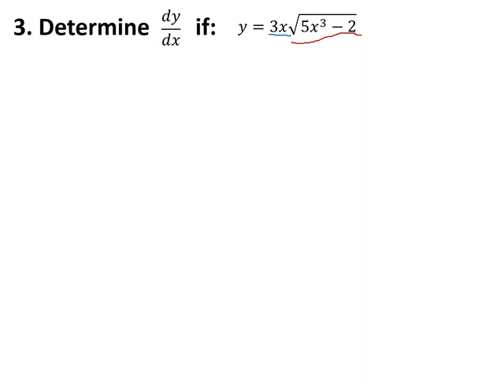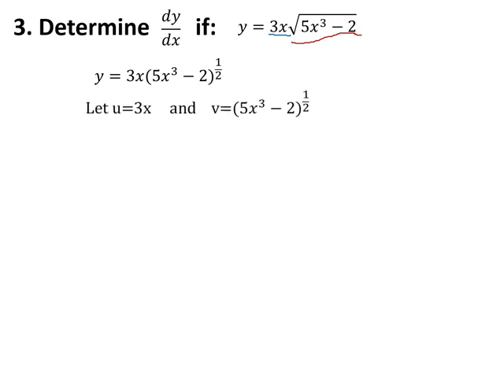You can write the square root of 5x cubed minus 2 as an exponent half, so that you can differentiate the way you differentiate ax exponent n. So we can call the first term u. 3x is equal to u, and we will let v to be 5x cubed minus 2 exponent half.